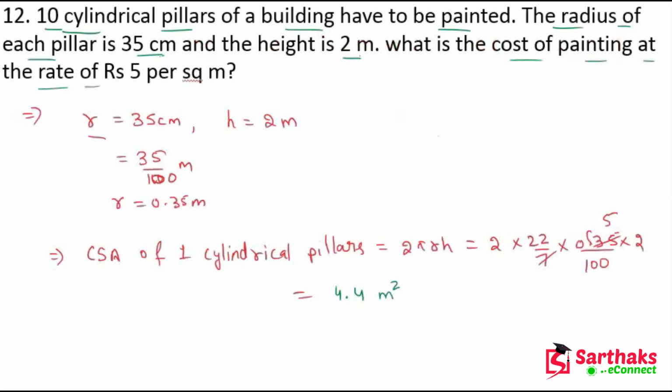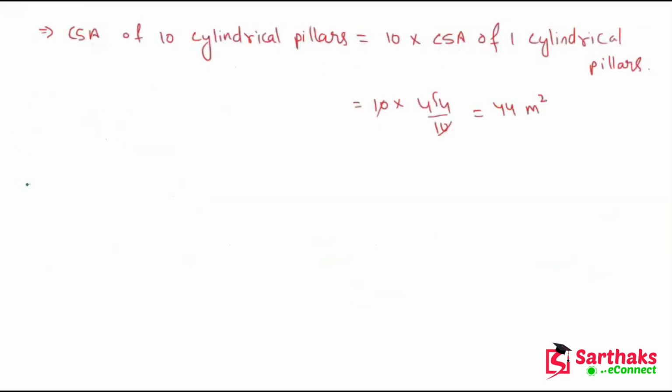Now we know that the cost of painting is at the rate of 5 rupees per meter square. So we can write it as: cost of painting for 1 meter square is equal to rupees 5. Okay, so we have to find for 44 meter square.